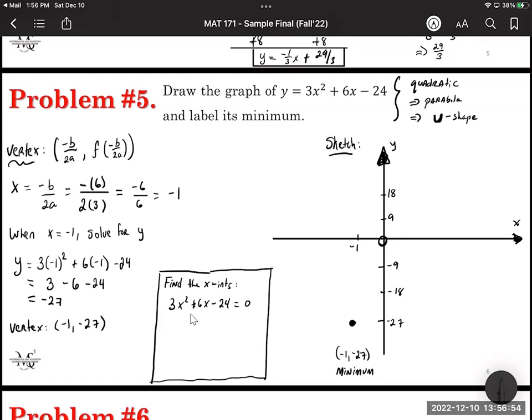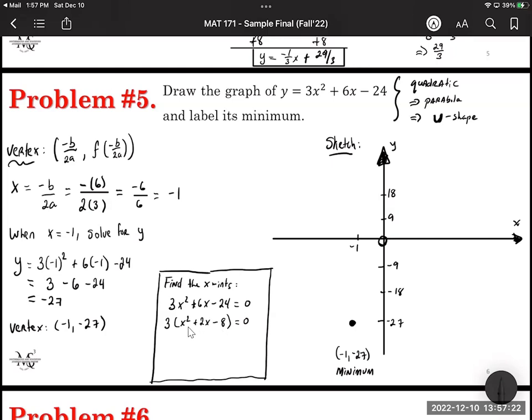I can do this by factoring. What can I factor out of the 3x squared, 6x, minus 24? You can factor out a 3. If I factor out a 3, then what is remaining inside the parentheses? That would be x squared plus 2x minus 8 equals 0.